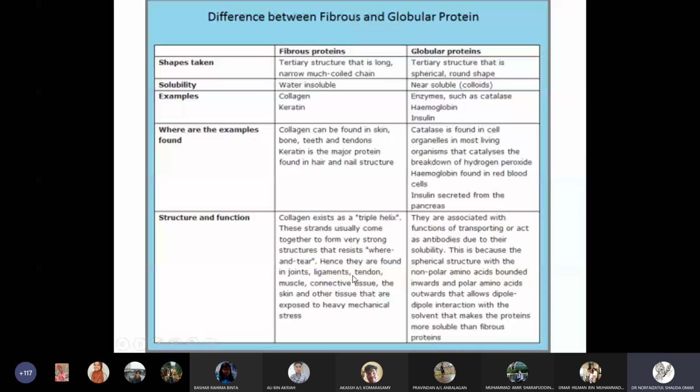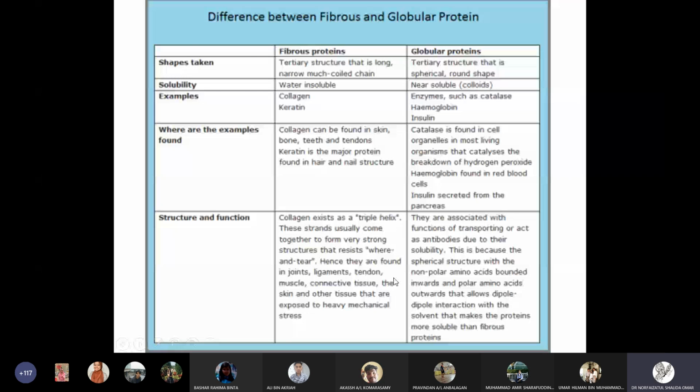Mostly in the joints, ligaments, tendons, muscle, connective tissue, skin, and other tissues that are exposed to heavy mechanical stress. Whereas globular proteins are mainly involved in transporting and antibodies. Okay, so this one you can just read for the difference.